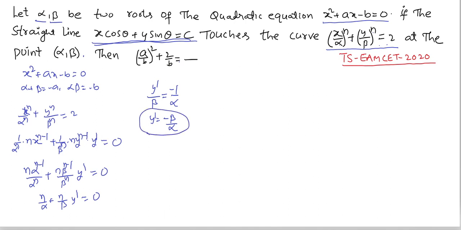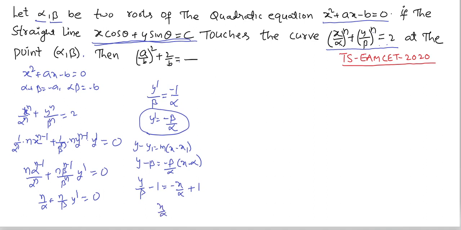So now the tangent equation, that is y minus y1 is equal to m into x minus x1. y minus beta equal to minus beta by alpha into x minus alpha, so y by beta minus beta by beta, that is 1, is equal to minus x by alpha plus alpha by alpha.